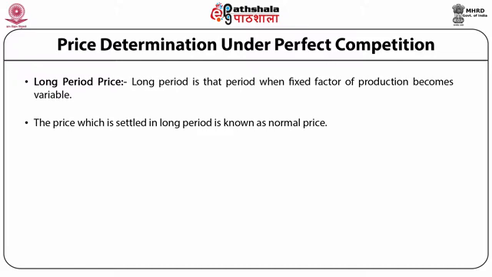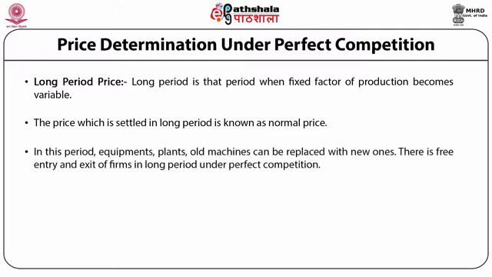In long period, supply is fully adjusted to demand. In this period, equipment, plants, old machines can be replaced with new ones. There is free entry and exit of firms in long period under perfect competition.